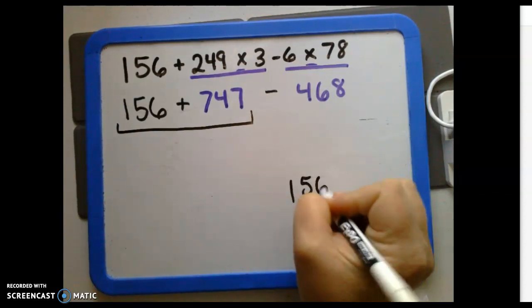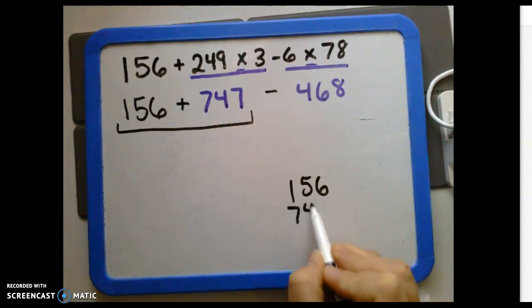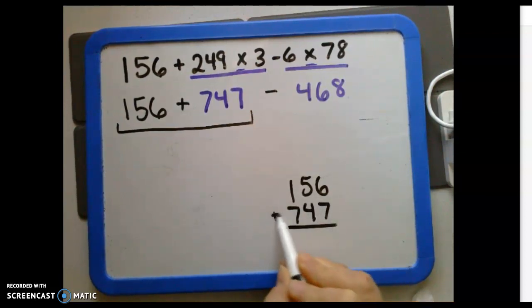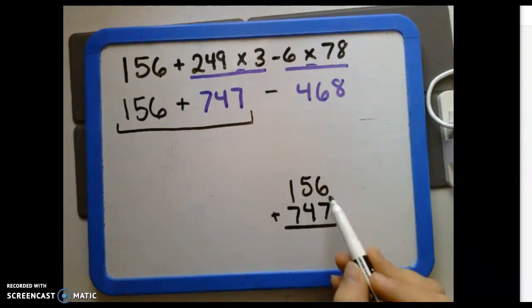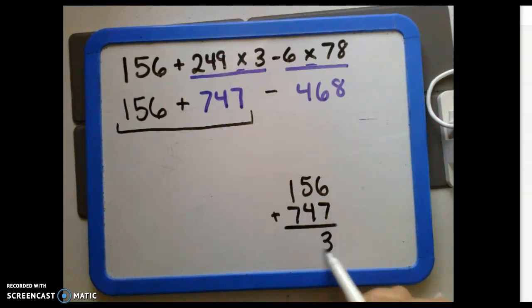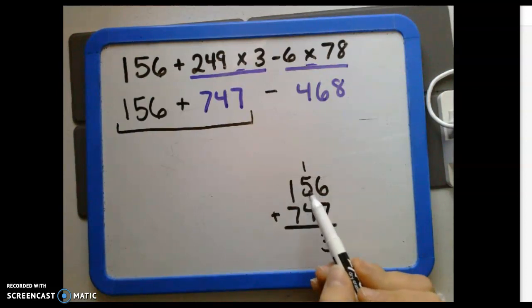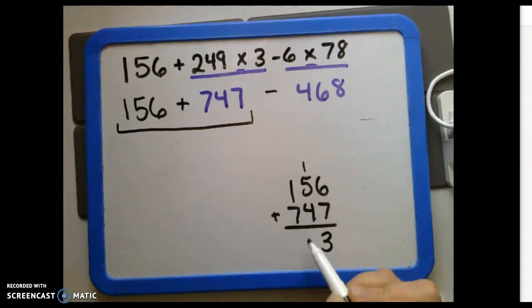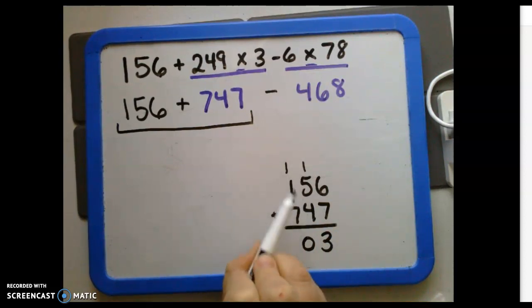So 156, and I'm adding 747. 6 plus 7 is 13. Carry my 1. Okay. 5 plus 4 is 9, plus 1 more is 10. Again, carry my 1. 7, 8, 9.